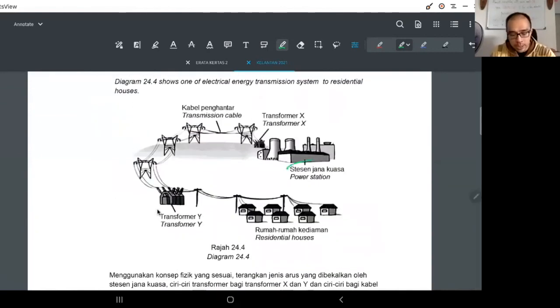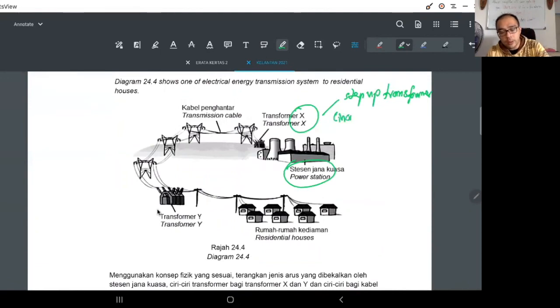This is a power station, so transformer X has to be a step-up transformer. Why must it be a step-up transformer? To increase the output voltage. This one is quite standard.